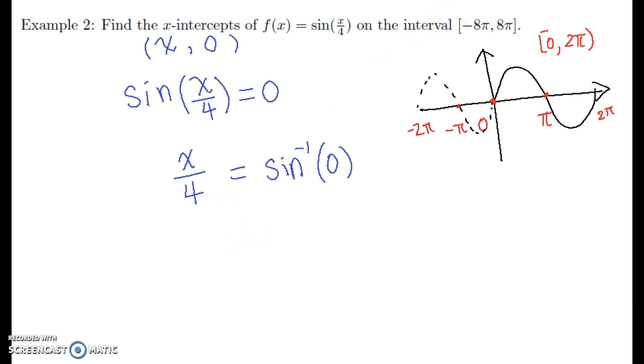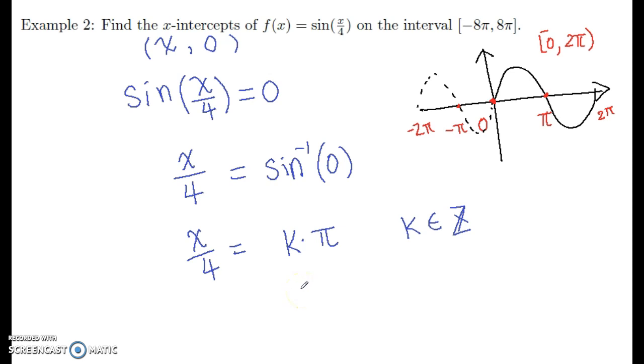So we really have sine inverse of 0 is really k pi, where k is any integer. So this is an entire solution for sine of an angle equals 0.